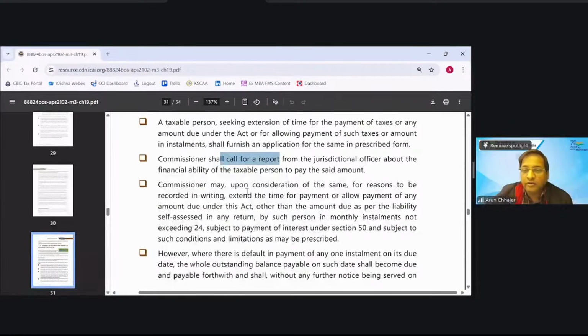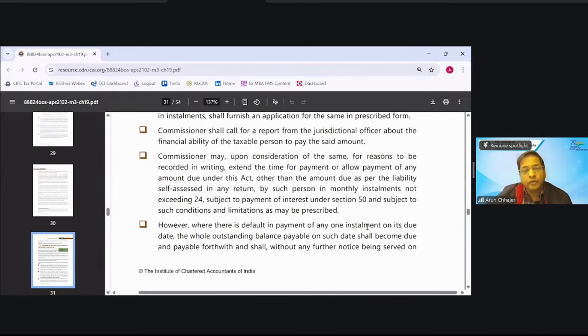Commissioner, after consideration, for the reasons to be recorded in writing, may extend the time for payment or allow the payment of any amount due under this Act, other than the amount due as per the self-assessed liability in any return by such person, in monthly installments not exceeding 24. कितना installment मिलेगा? Maximum 24 installments.